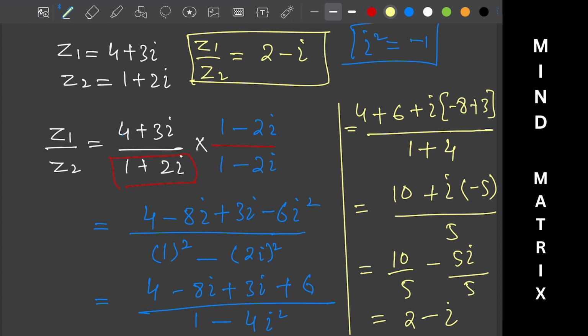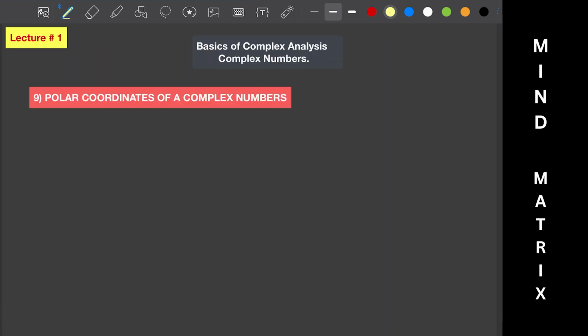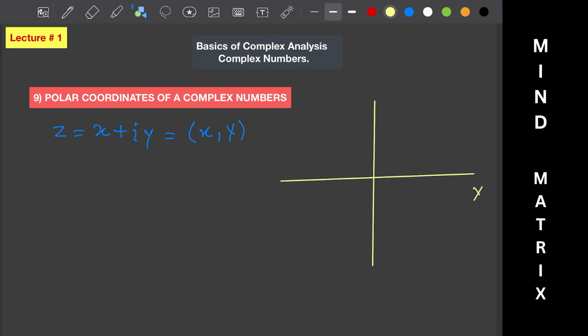Now let's move toward our next topic, which is polar coordinates of complex numbers. Let's say we have a complex number z equals x plus iota y, which we can write in coordinate form as x comma y, and as we studied, this can be represented on the Argand diagram. This is the positive x-axis and this is the positive y-axis.